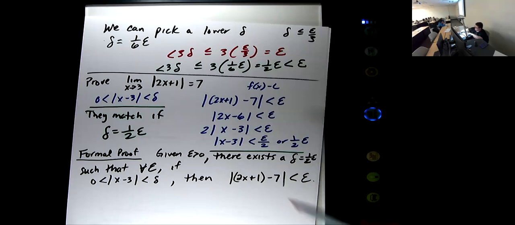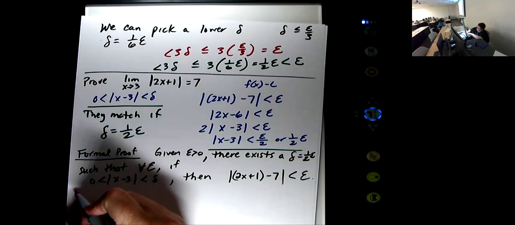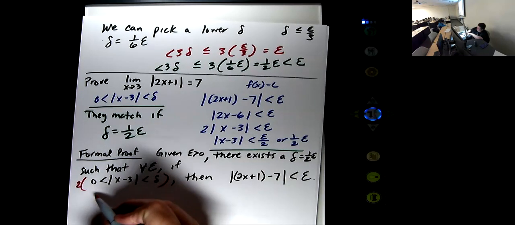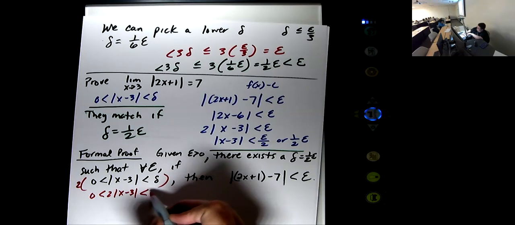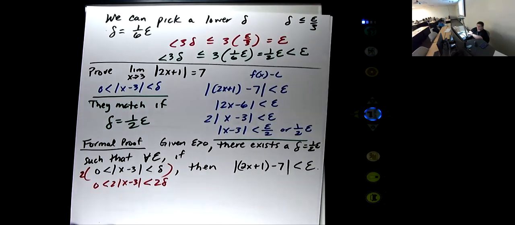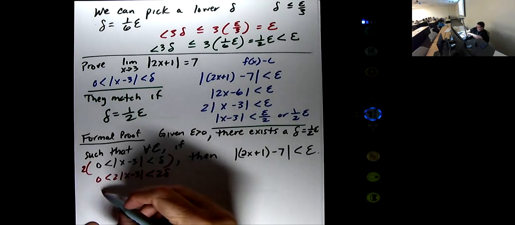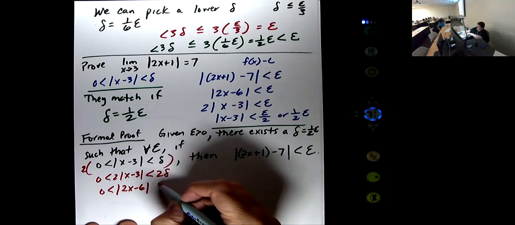And we're basically working backwards. So here we can multiply by 2. I get 0 is less than 2 times the absolute value of x minus 3, which is less than 2 delta. Zero is less than the absolute value of 2x minus 6, which is less than 2 delta.